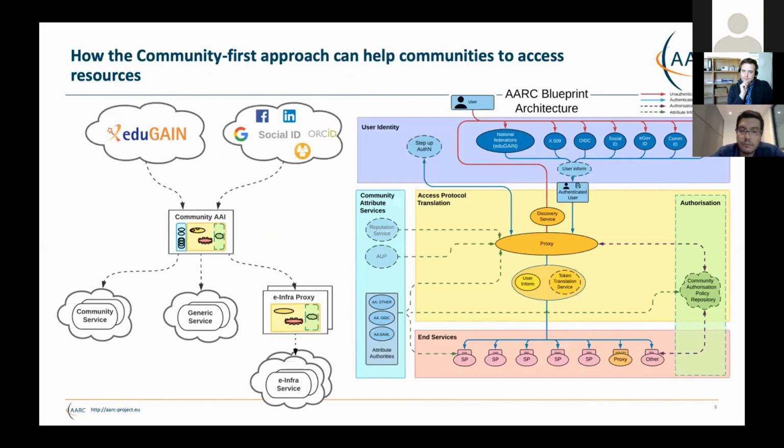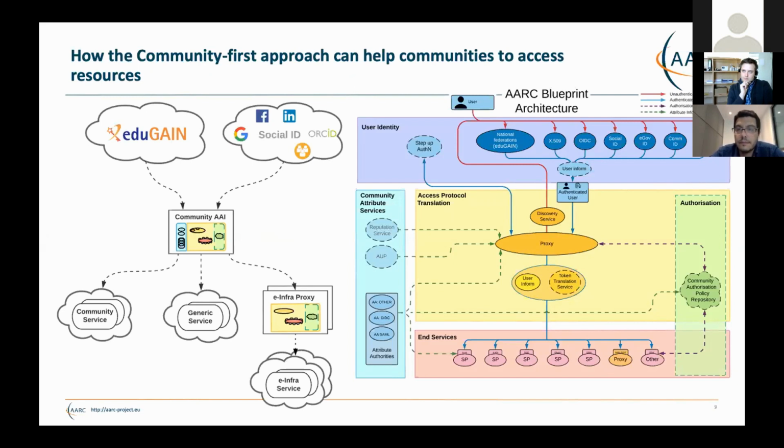Yeah, actually, maybe because I think Paul's question is not so much for the community AI, because that's a proxy architecture that follows the AARC BPA, but is in general for any proxy in the middle. And because we didn't touch upon the policy aspects a lot, it's probably not clear.